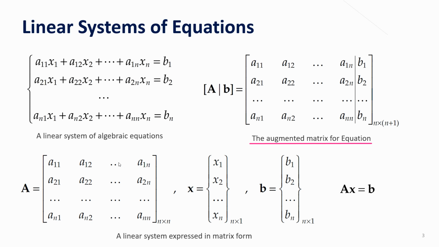So here's this form. We have the A part here, the X will represent this one, the A part here, and then the B part here, and then each column represents x1, x2 until xn. Okay, that is the augmented matrix equations.